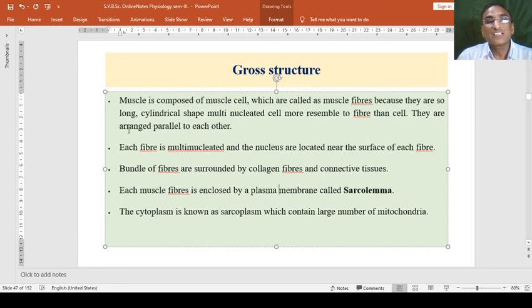Now, this fiber-like muscle cell is a special cell. We have seen the nucleus, and it also has a cytoplasm known as sarcoplasm, because the muscle fiber is known as sarco in the Latin word, and therefore its cytoplasm is the sarcoplasm, which contains a large number of mitochondria.